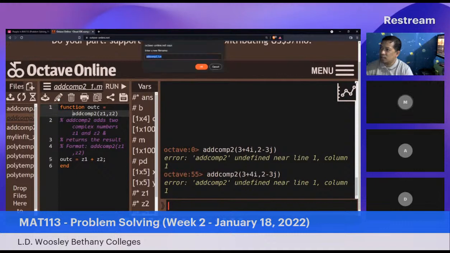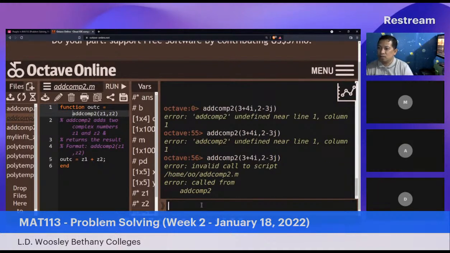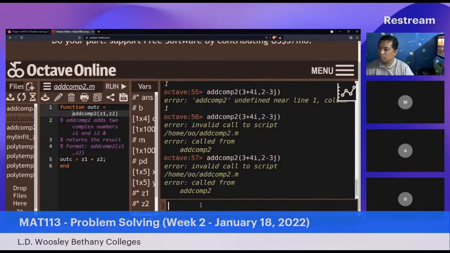Sige, baguhin natin siya. Maganda yan. Tama yung observation. Yan, tingnan natin. Yun, wala pa rin. Valid call to submit. Yung mismo sa function niya.